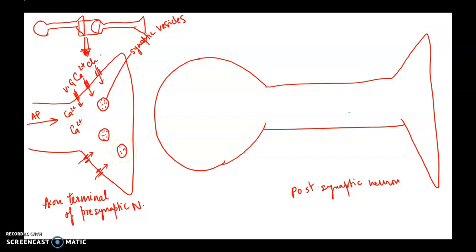Okay, so calcium will cause these synaptic vesicles to fuse with the presynaptic membrane, and exocytose, not acetylcholine, in this case actually we are talking about any neurotransmitter. And as the synaptic vesicles are fusing with the presynaptic membrane, the neurotransmitter is released into the synaptic cleft. Okay?